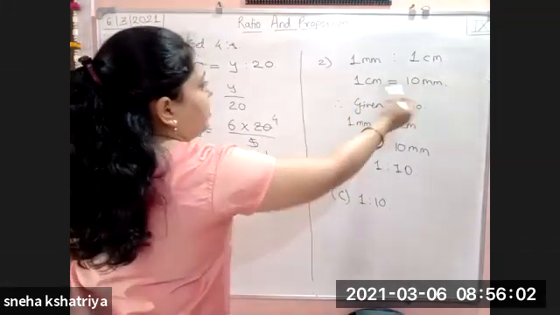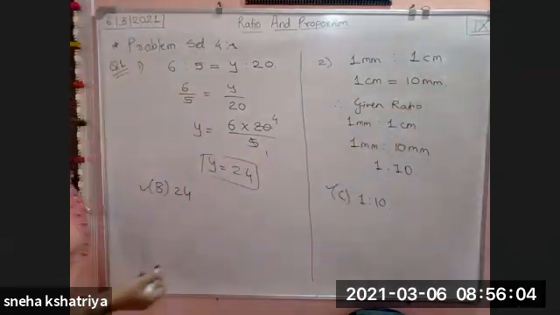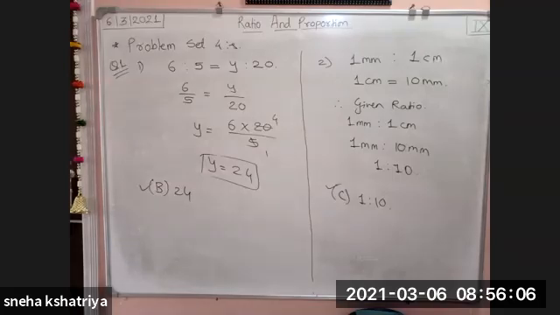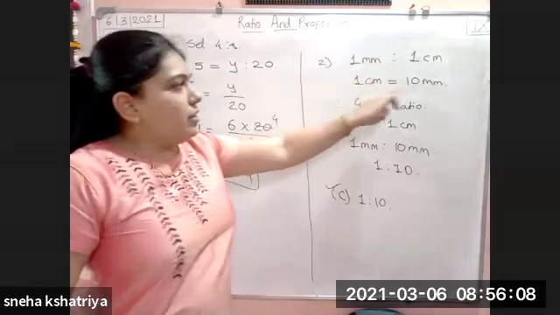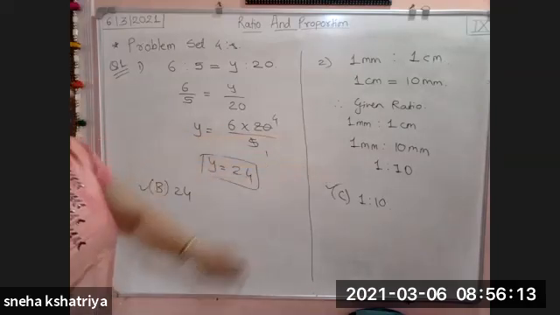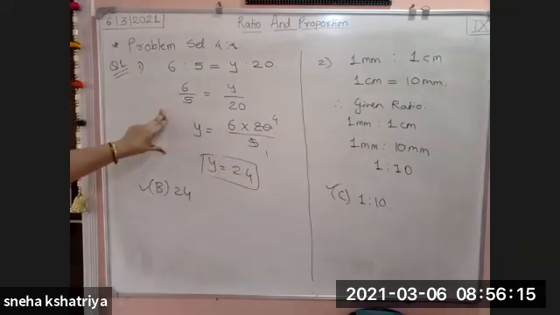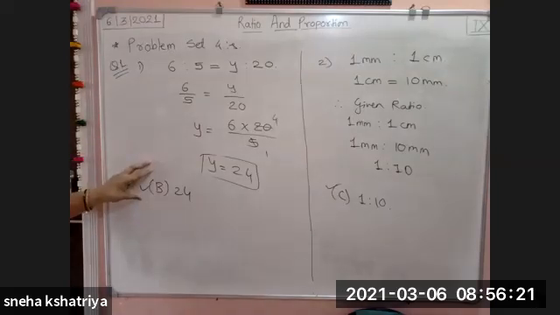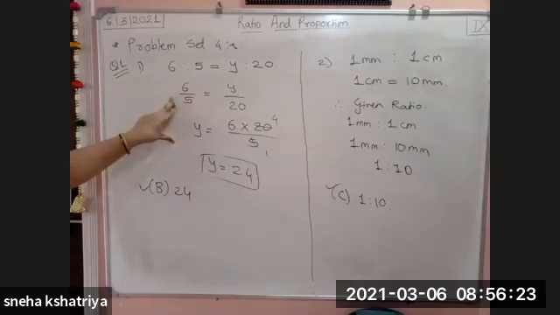You have to remember that the units should be the same, or if they are not the same, you have to convert them and then find the ratio. I'm explaining all these things here, but in the exam you don't have to write this. You have to write only the correct answer. All this is rough work.